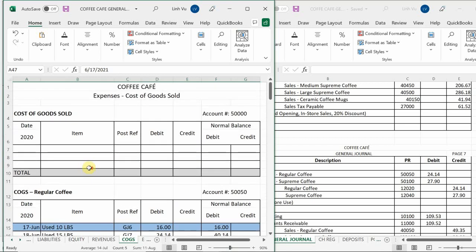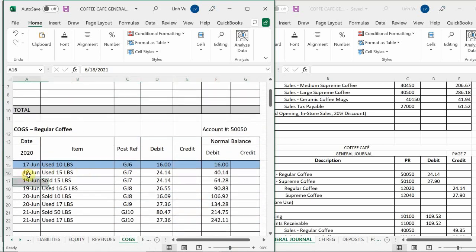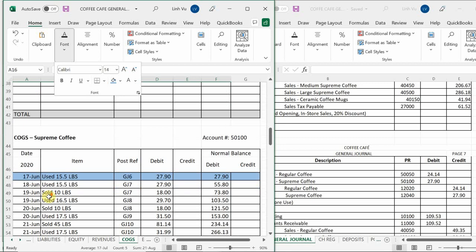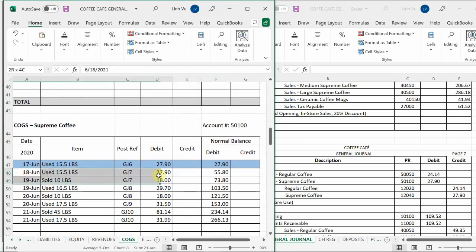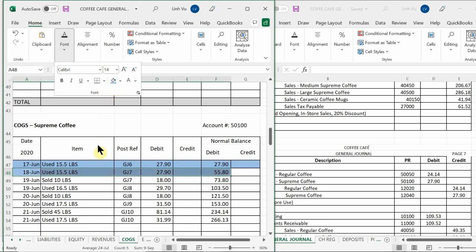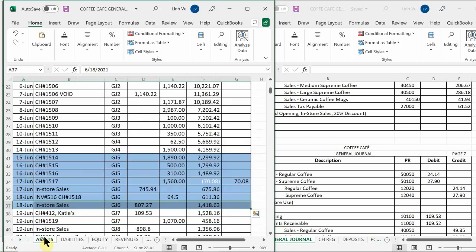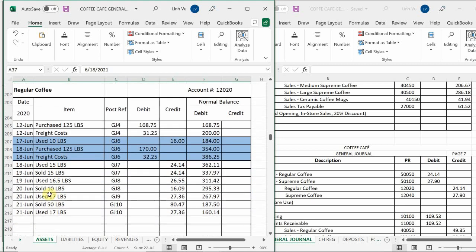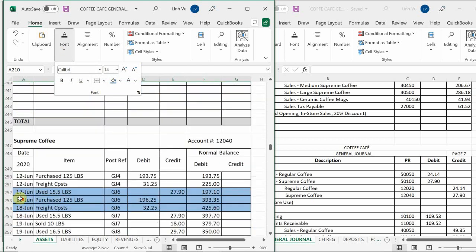So cost of goods sold for 24 and the 27.90. Right. And then of course that affected our inventory for regular coffee. You subtract the 24 and we subtracted the 27.